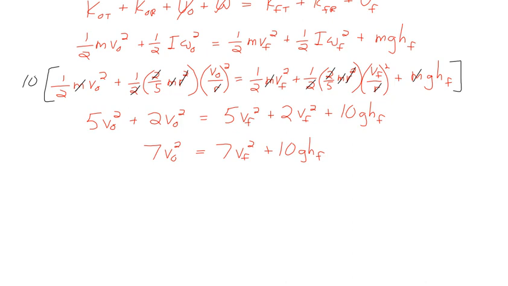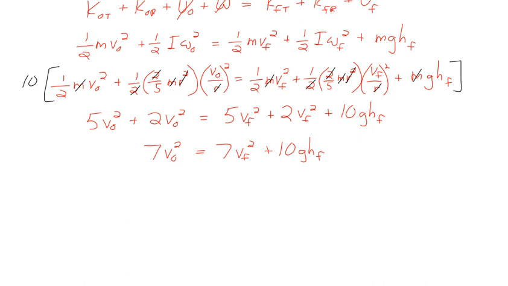The unknown in this problem was what? VF. We know the VO, and we know the height, and G is a constant. So all I have to do is rearrange the equation to solve for VF. So I'm going to move this term to the other side, which would make it negative when I move it over, divide by 7, and take the square root. I'm saying that because I don't want to do all those in 3 different steps.